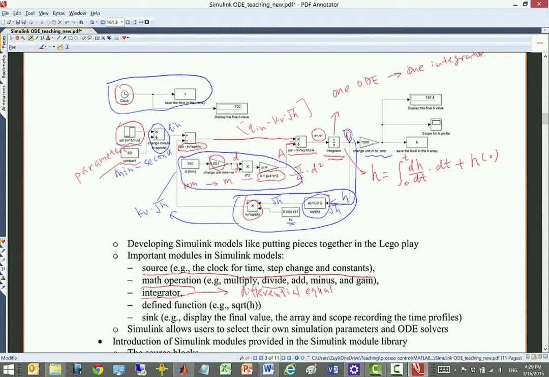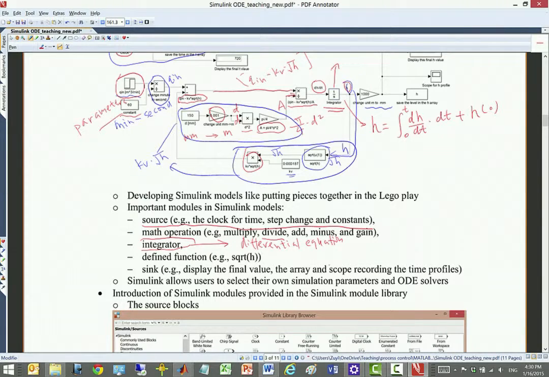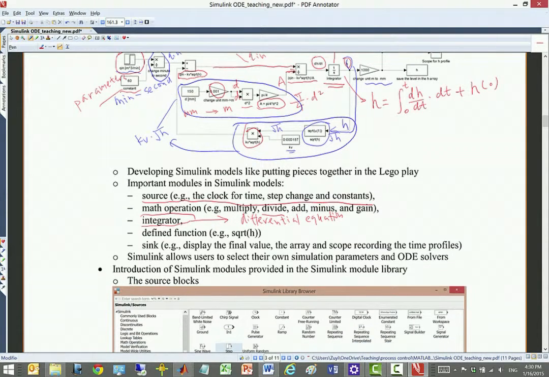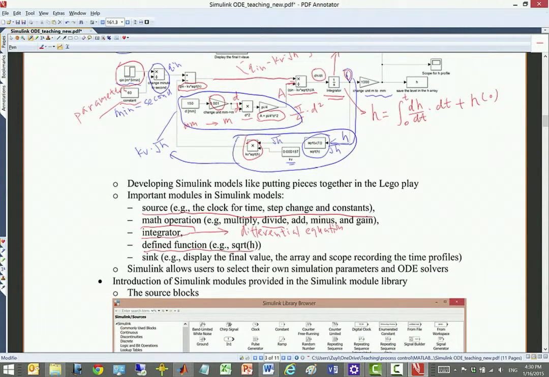One differential equation should have one integrator, and also we need to define some functions, for example the square root of h, or some other complicated function. You could define any complicated function. I will show you later.